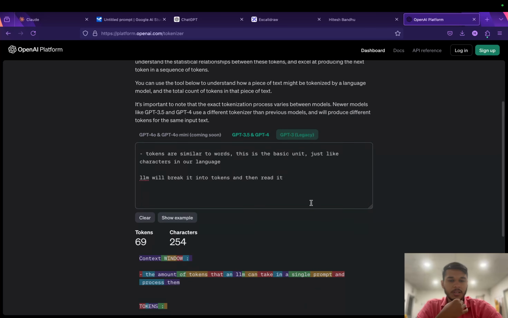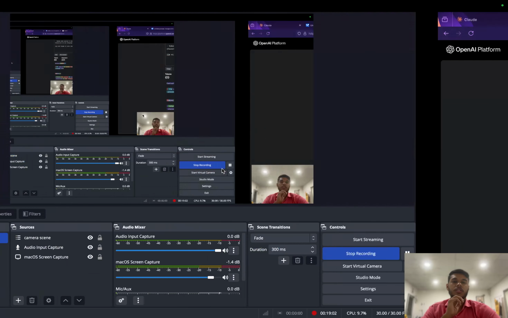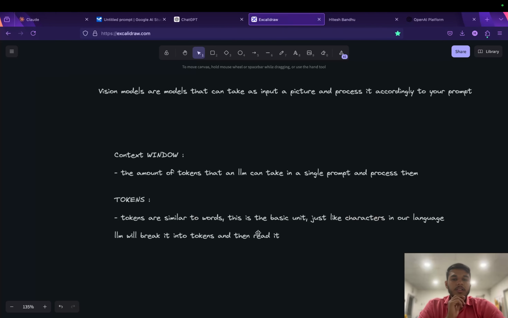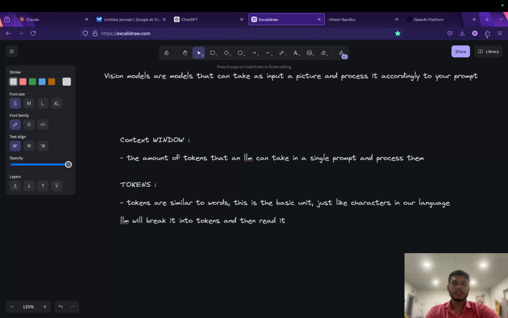So if you go to GPT-3, GPT-3 will tokenize it in its own way. For example, it broke the window into four or five different tokens: W, IND, OW, and then space and then the colon. So basically, in basic terms, tokens are something that the LLM can understand.